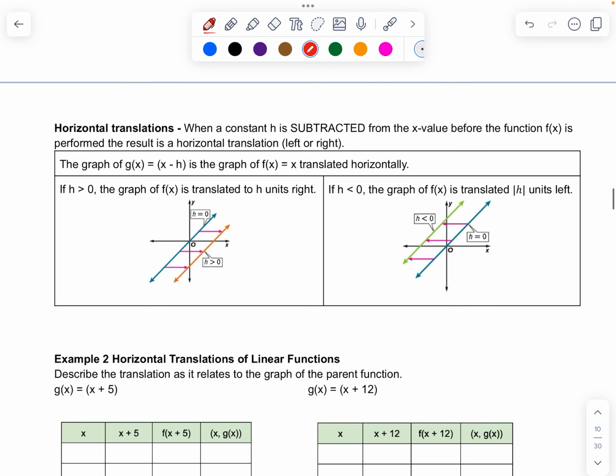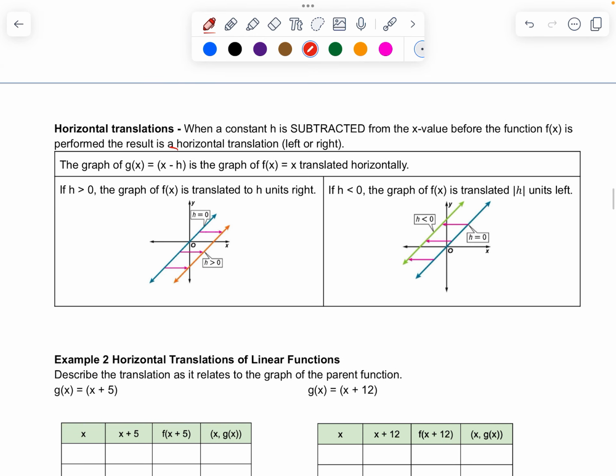Okay, so horizontal, now we have to be careful. How can we tell the difference between horizontal and vertical? This is inside the parentheses. If you notice, the formula for this is x minus h.